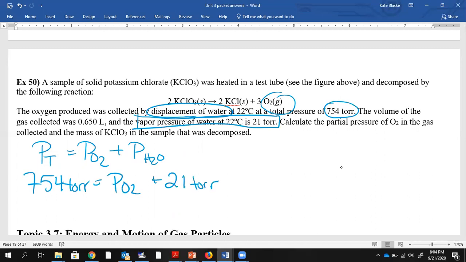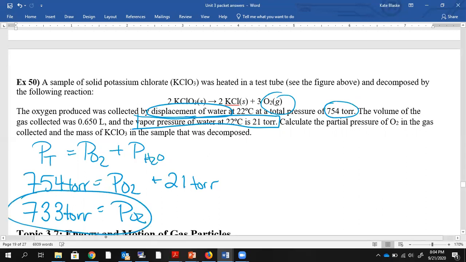All you gotta do is subtract. So the pressure of the oxygen gas that I actually collected, minus any vapor that came along with it from the water, is 733 torr. That's the number that we could then plug into PV = nRT or any other calculation that we want to do.